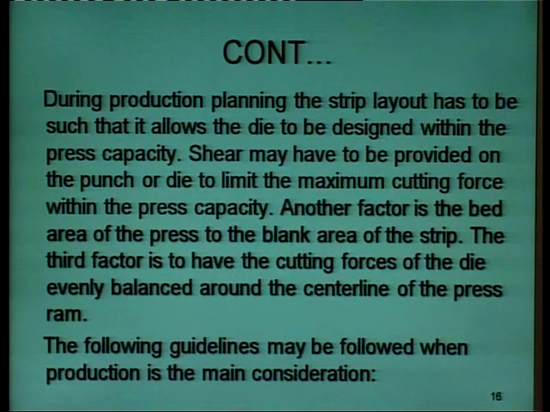That ratio has to be maintained. The third factor is that the cutting forces of the die should be evenly balanced around the center line of the press ram, because if the cutting forces are not evenly balanced, it can lead to breakage of the punch or other problems.